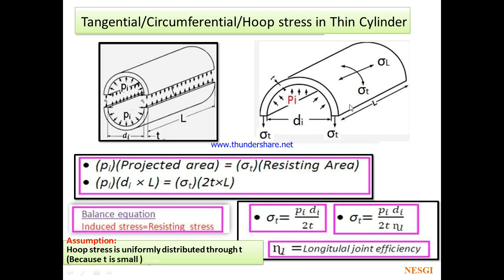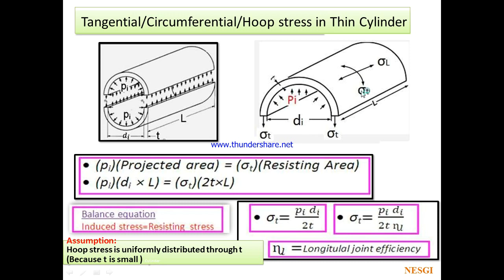Sigma T is the stress which acts in the circumferential direction. This is sigma L and this is sigma T. For equilibrium, the force due to the pressure should be equal to the resistance force offered by the cylinder. That concept we are going to use here.